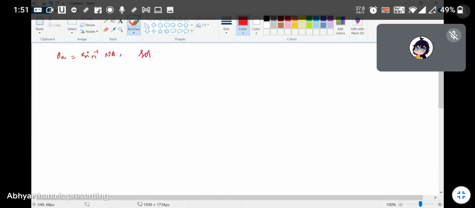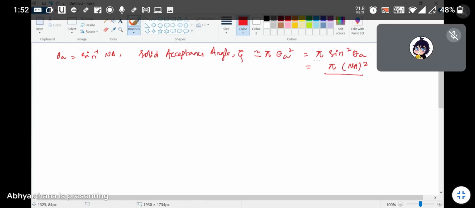Then there is one more thing, the solid acceptance angle, which is given as psi, equal to, for air, pi theta A square, or we can write it as pi sine square theta A. Just remember these two.